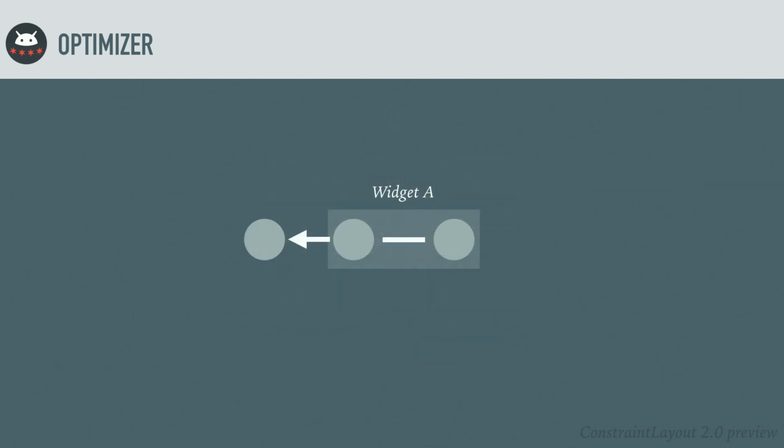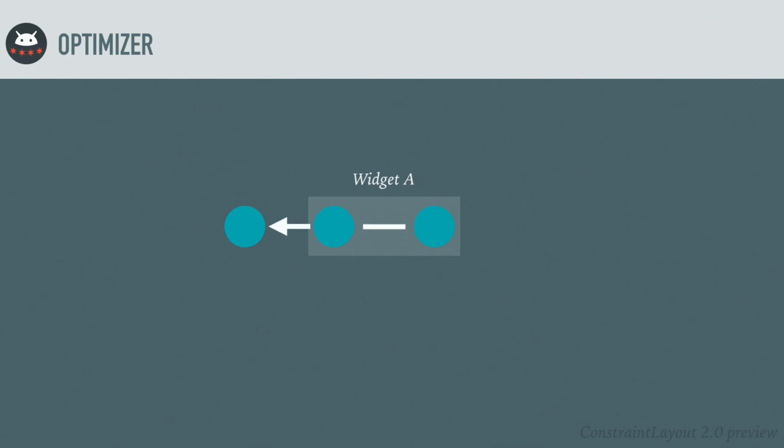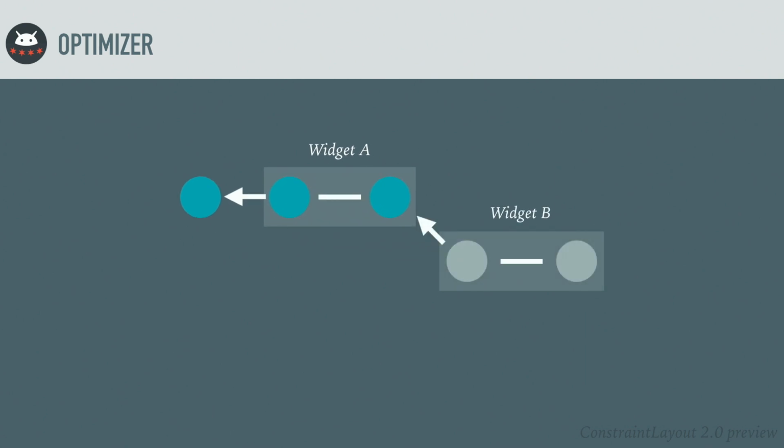How does it work roughly? You can imagine a situation like that, right? You have a widget. That widget is constrained to something else on the left here. If you happen to know the position of that stuff you are connected to, well, you can directly infer the position of the widget. And of course, it will then propagate through the constraint graph. So if you have a second widget that constrains directly like that to widget A, we can also solve it.